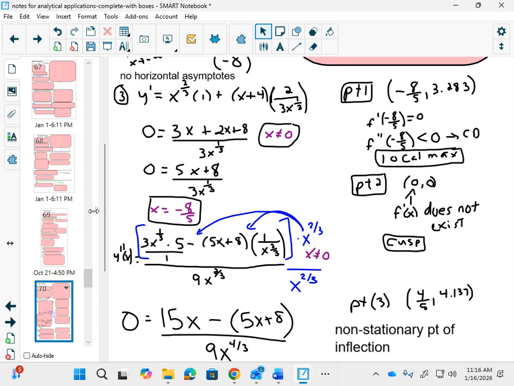I just want to click on the graph. So here's our graph.